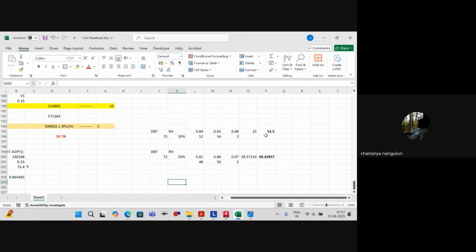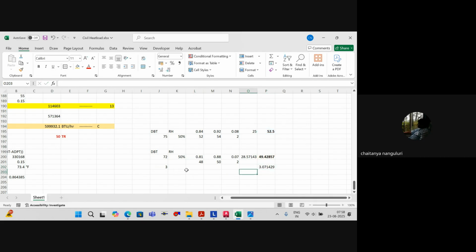So now I have the value for 75 and the value for 72. Don't you think you have to get the value for 73.4 or not? Is equal to this value minus this value. 75 minus 72 is equal to 3, this minus this, right?